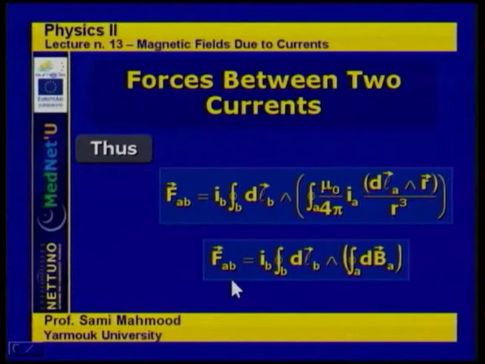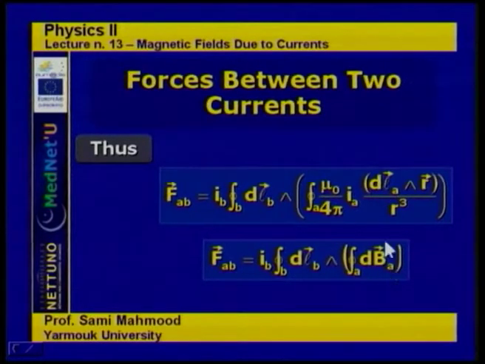That can be rewritten as F_AB equal to I_B times the integral over loop B dL_B cross the integral over loop A of dB_A, where the integrand inside the integral over A is dB_A. It's the element of the magnetic induction produced by an element dL_A of loop A.